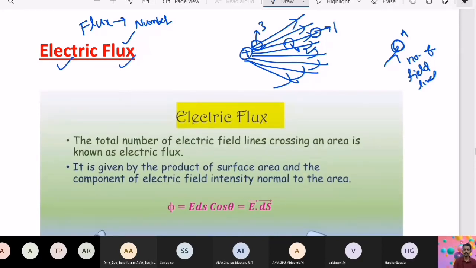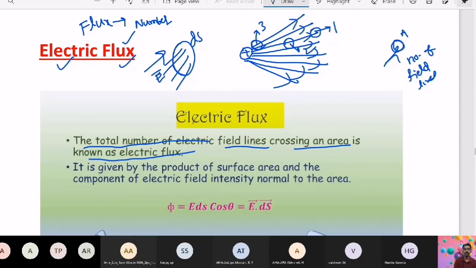Electric flux means, in the region of electric field, if you consider a particular area, let's take dS, the number of field lines passing through or crossing the area. The total number of electric field lines crossing an area is known as electric flux.